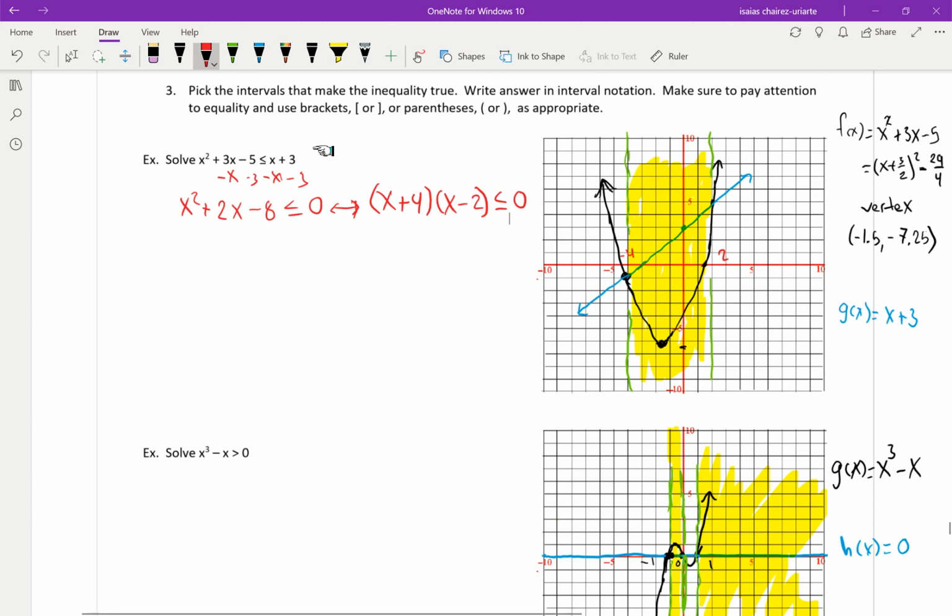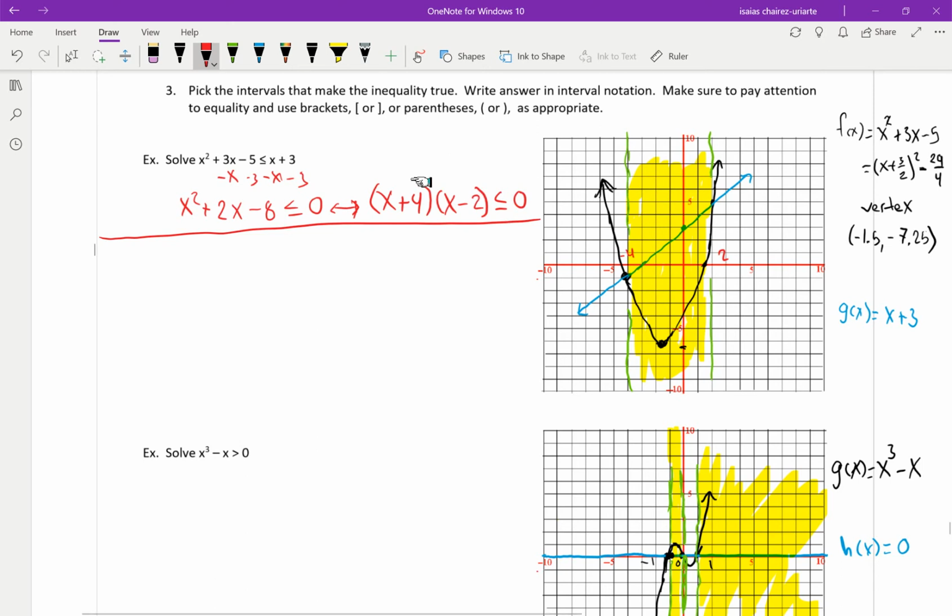I have the original inequality, I have this inequality that is less than or equal to 0, and I have this one where I factored. It turns out that they all have the same solution. These 3 inequalities are equivalent, so whichever one I solve is also a solution to the other ones. Alright, so I would say that that is the first step to take: set your inequality equal to 0 and try to factor as much as possible.